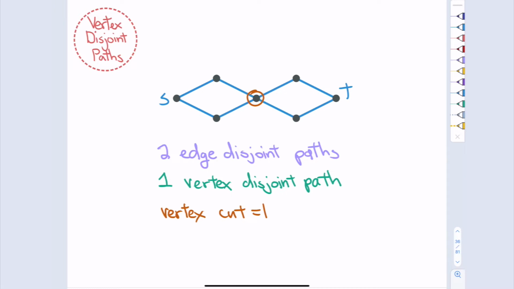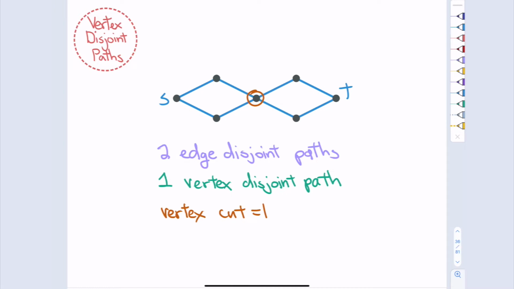So in this simple example, there's two edge disjoint paths from S to T. Right? Maybe say using the top edges and using the bottom edges. But there's only one vertex disjoint path because that middle vertex becomes the bottleneck. Okay, so small distinction. There's also a vertex cut of size 1. I can remove one vertex and disconnect S from T.